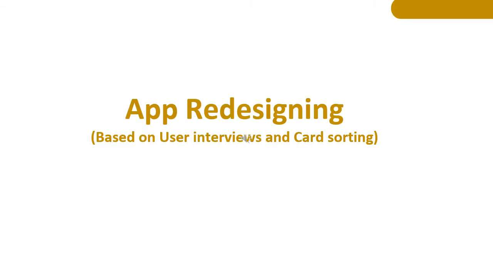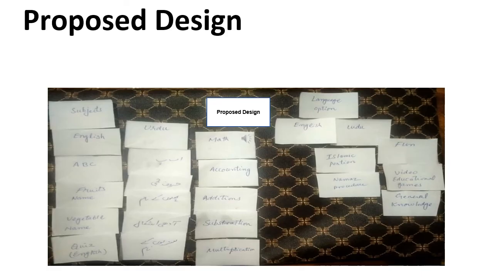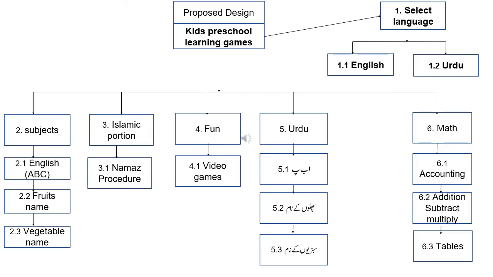App redesigning based on user interviews and card sorting. Proposed design according to the users. In these slides, you can see the proposed design according to the users' suggestions. First of all, kids preschool learning games were added, and then language options, English and Urdu.